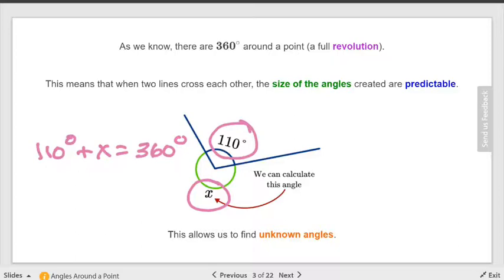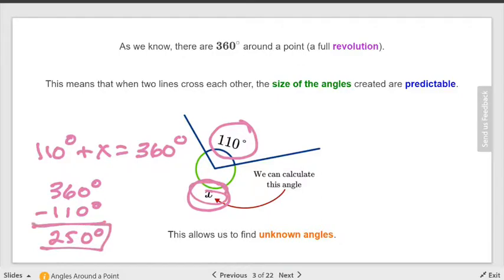So I can find the unknown one by taking 360 and subtracting the known one. That means x is 250 degrees.